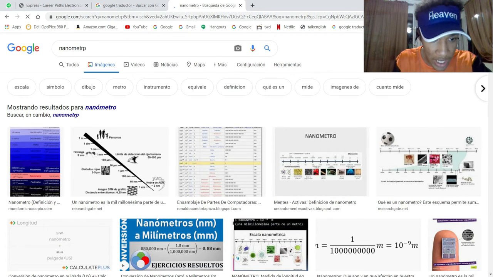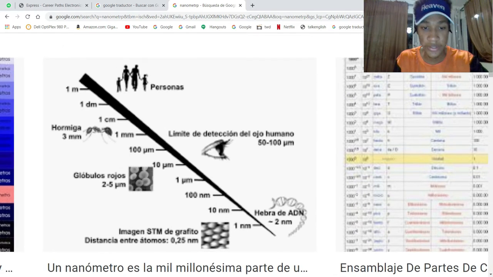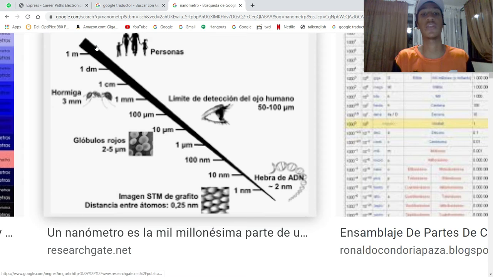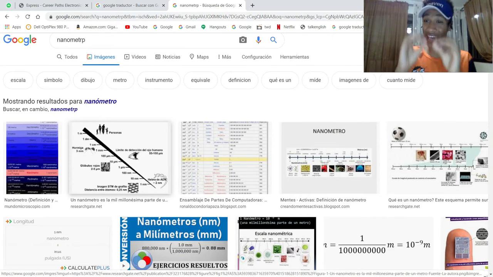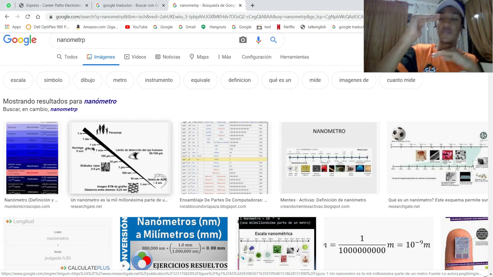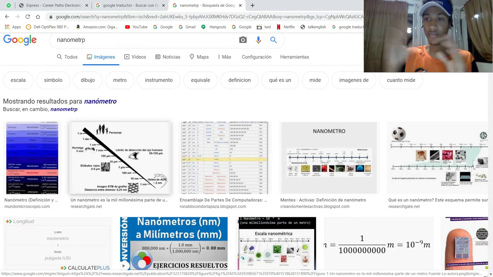Nanometer is like, you see the picture, so I don't need to talk. It's 7 nanometers. With 7 nanometers, I put millions of them up, down, in the middle.